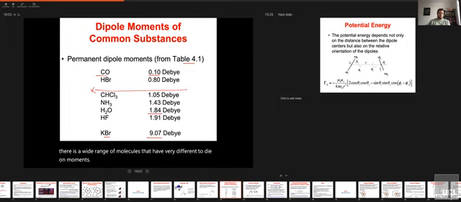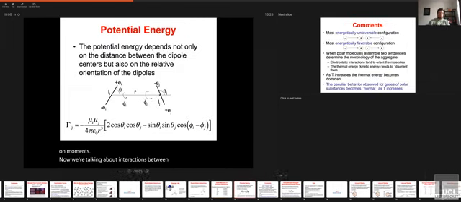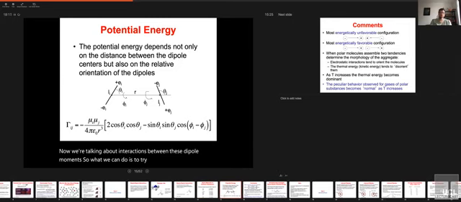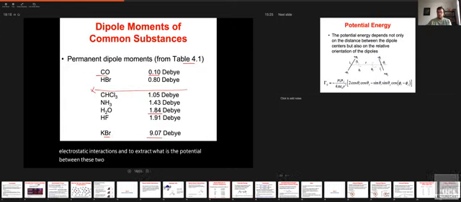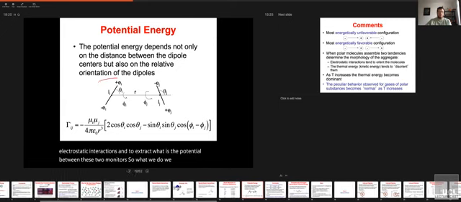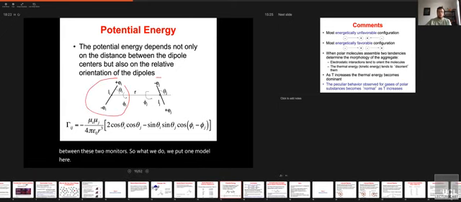Now, we are talking about interactions between these dipole moments. So what we can do is use our understanding of electrostatic interactions to extract the potential between these two molecules. We put one molecule here, and we put another molecule here, and we know what R is, which is the center-to-center distance between these two molecules. Now we can define the relative orientation by these angles between the two molecules, actually between the two dipole moments.